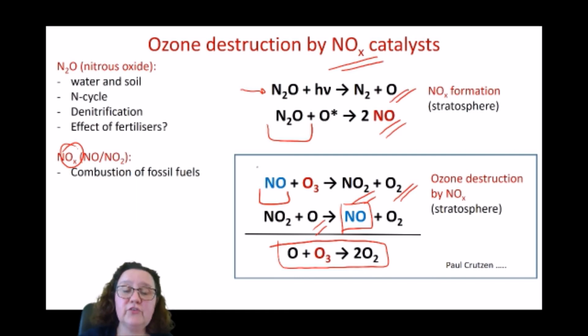And as you can see, the key point is that this is a catalyst. It does not get destroyed in the process. A molecule of nitrogen oxide can destroy one molecule of ozone, get recovered, and then destroy another molecule of ozone, etc. in a more or less unlimited fashion, or at least it will take a long time for that nitrogen oxide to be depleted.